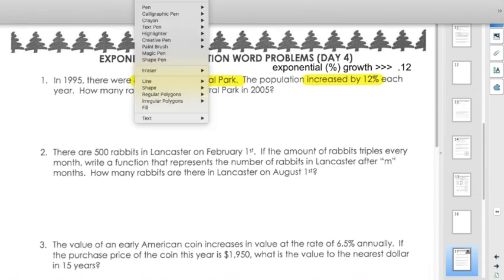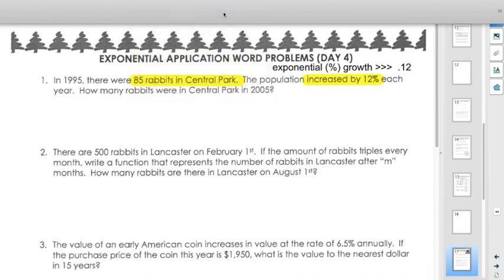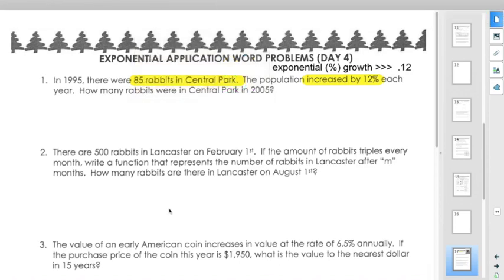If we're looking at the exponential equation, y equals ab to the x, try and think about what this 85 rabbits is. Back in 1995, this is your initial value, your starting value, your A. It increased by 12% each year. And how many rabbits were there in 2005?